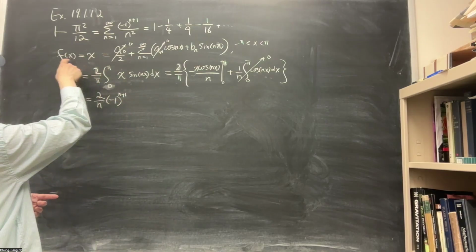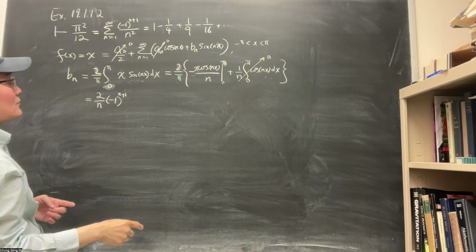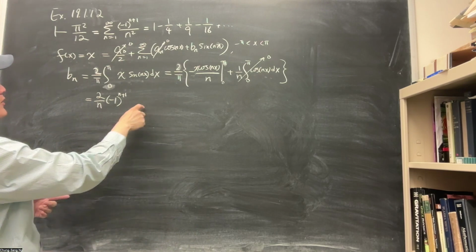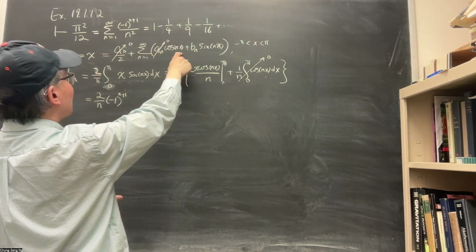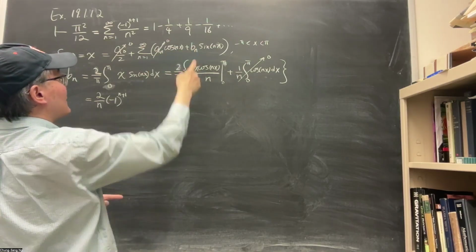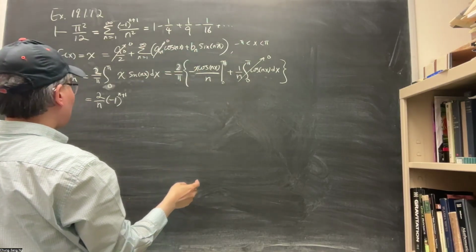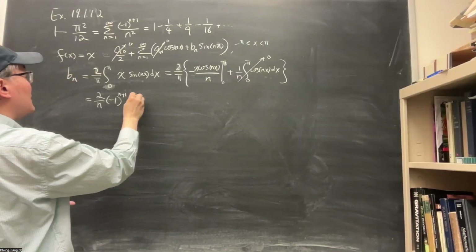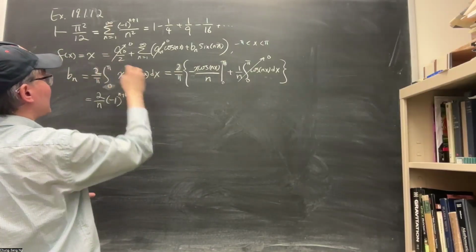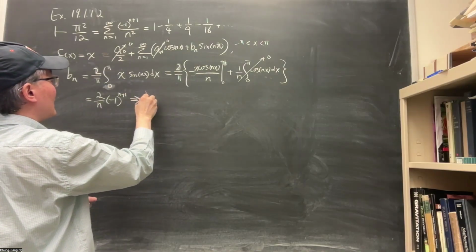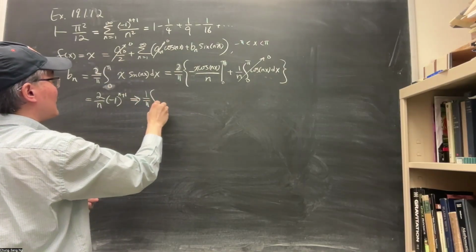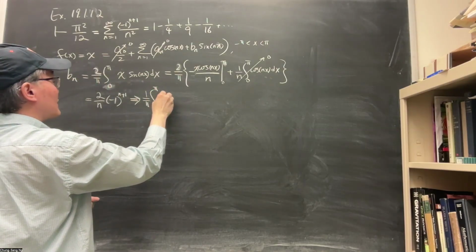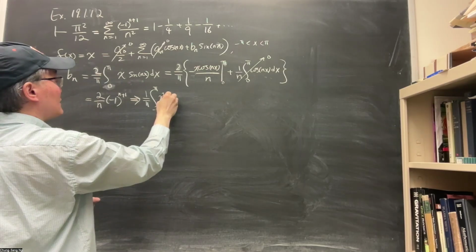The left-hand side is f squared integrated over the domain and divided by pi, and the right-hand side is summing over all the coefficients squared, so the sum of b sub n squared. This implies 1 over pi, integral from minus pi to pi of f squared, which is x squared dx.